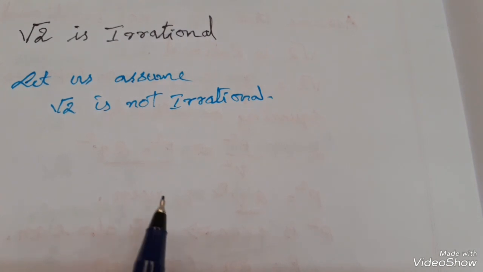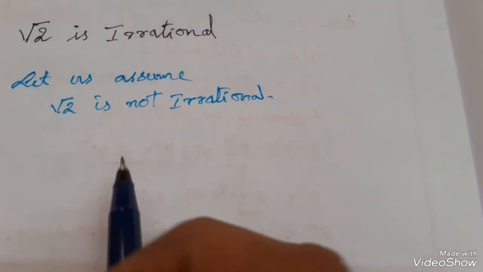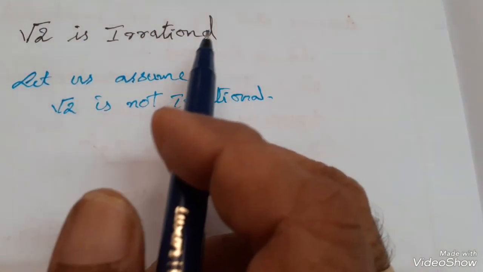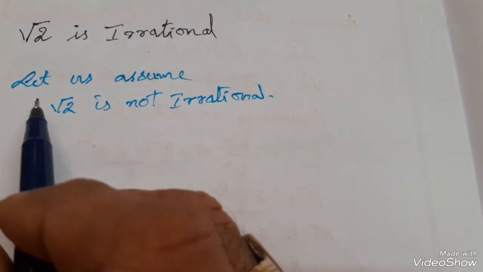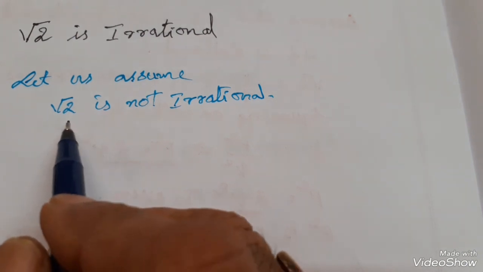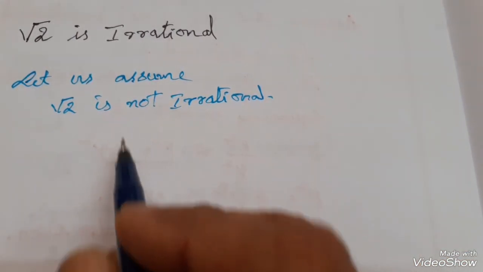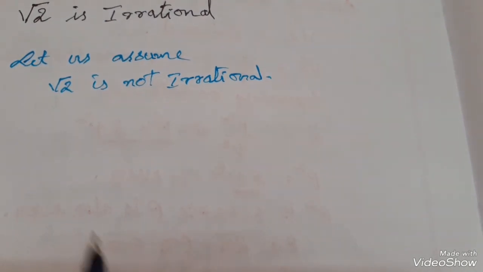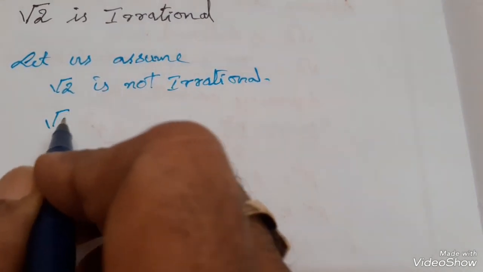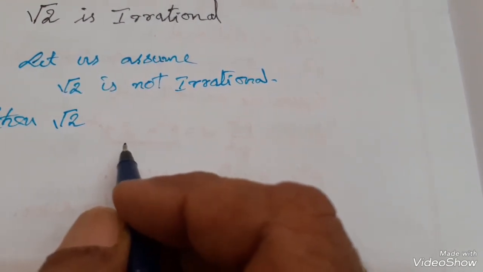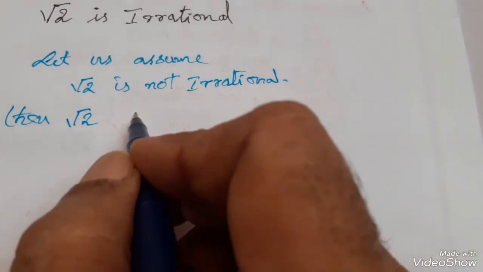Here, with the help of contradiction, we are going to prove it. Actually we want to prove root 2 is irrational. So now we assume that root 2 is not irrational. If it is not irrational, what will it be? It is rational. So we take that root 2 is a rational number.